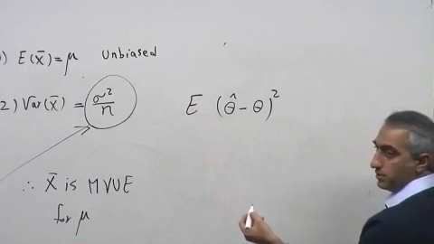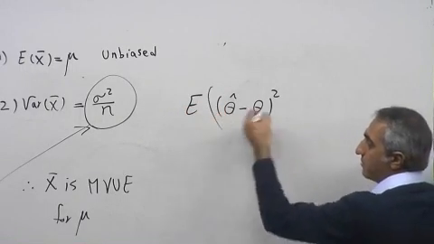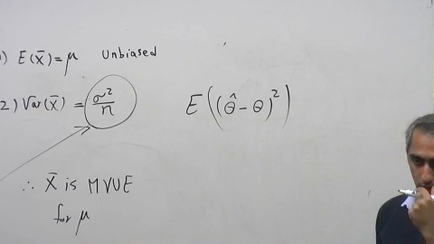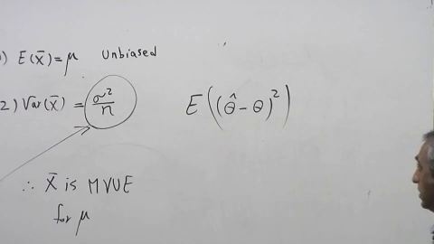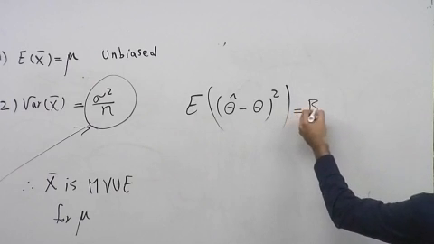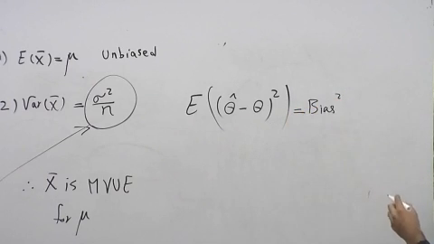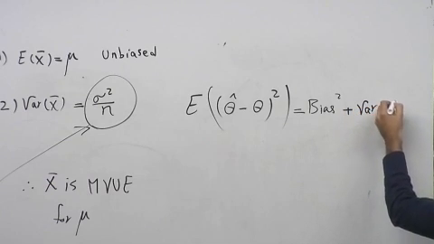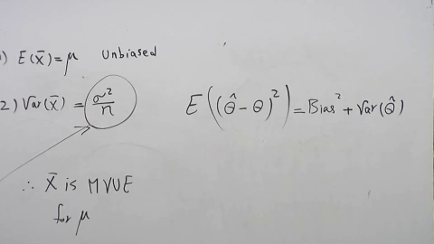This is mean squared error because expected value is the average. That easy. And we can show that mean square error is, at the end of the day, bias squared plus variance of your estimator.